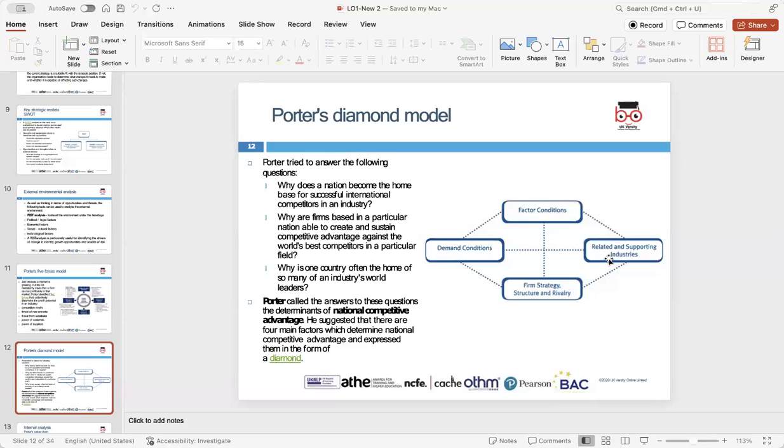Firm strategy, structure, and rivalry: the conditions affecting how companies are created, organized, and managed, and the nature of domestic rivalry. These factors help explain why some countries are more successful in certain industries than others.